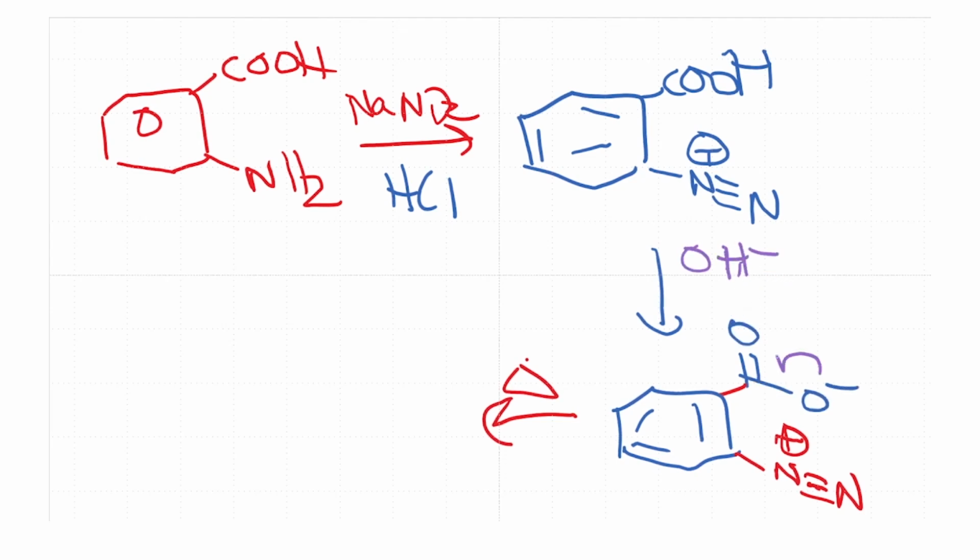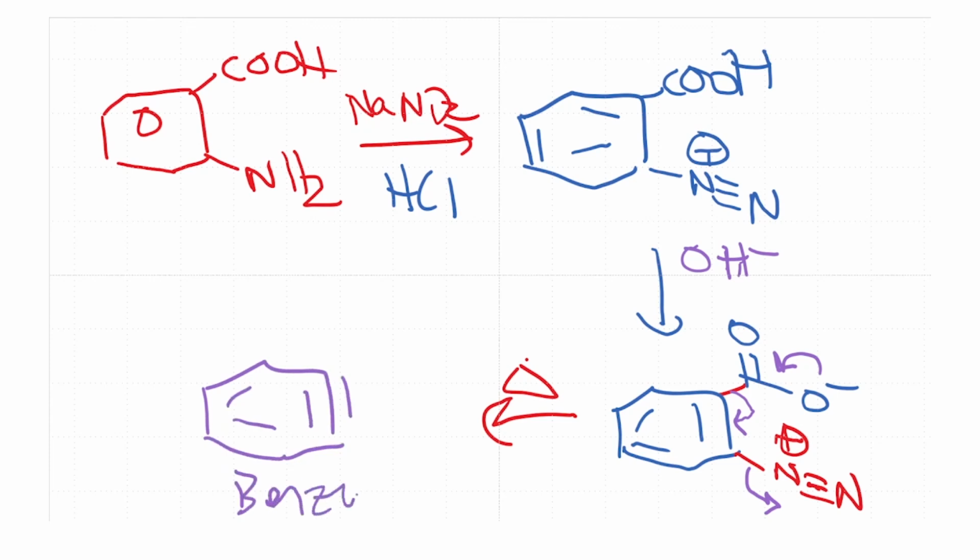So you can have a loss of CO2, and this subsequently can move here and kick out nitrogen gas. So the intermediate that is formed is the benzyne. This is a very nice way to produce benzyne, and obviously the benzyne is not very stable.